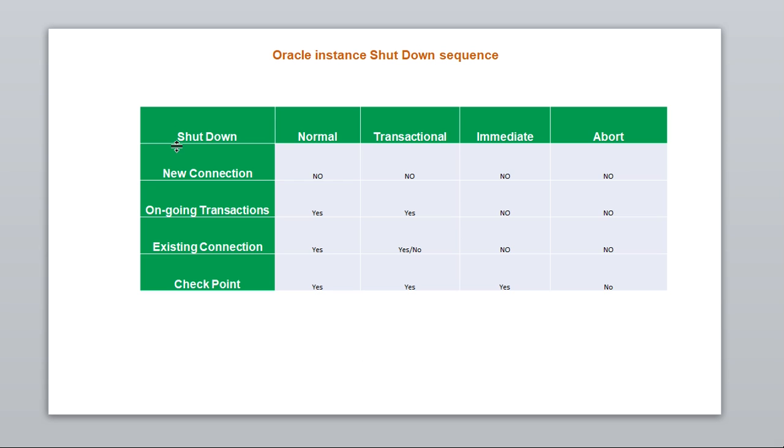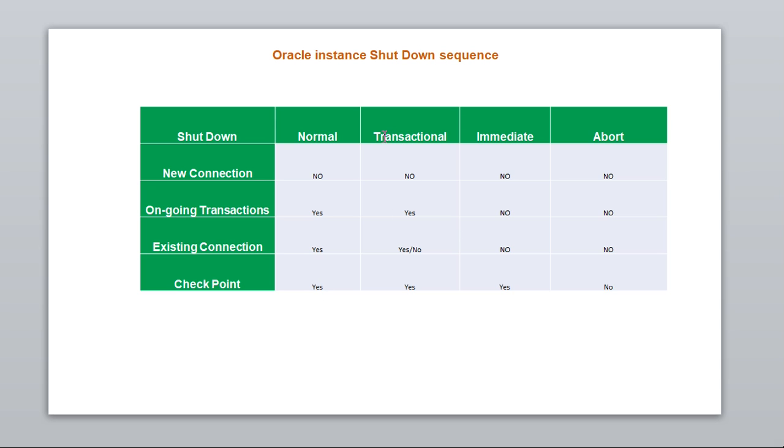If you take the Oracle instance shutdown with the normal approach, what happens? It will not allow new connections. The ongoing transactions, yes, it will wait for them. The existing connections, yes. The checkpoint occurs, yes.